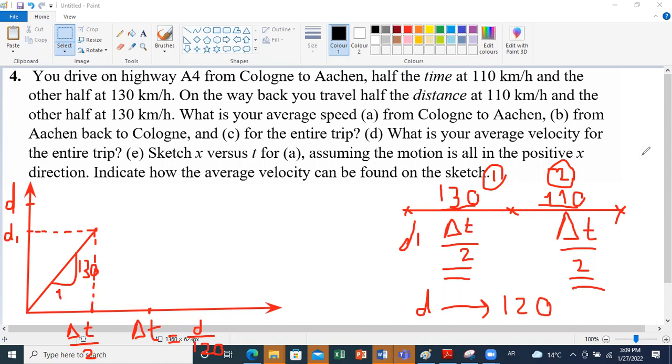Now, the remaining distance will be d minus D1. So in the second phase, you will move this distance, and you can just draw a straight line with a smaller slope, because now you are moving at 110 kilometers per hour. So the second stage is a smaller slope. It's 110, and it will stop at delta t.